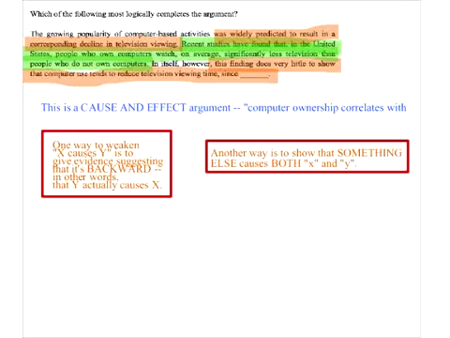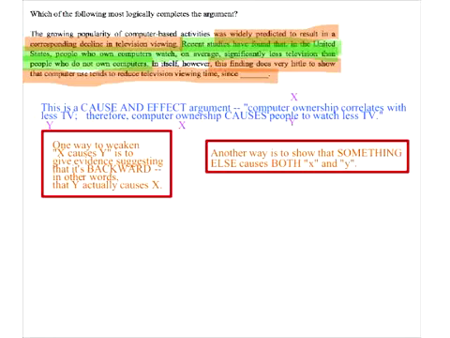Therefore, computer ownership causes people to watch less TV. That's what the argument is saying. So this is another case where they are trying to argue that X correlates with Y, and therefore X causes Y. So there are two ways in which you can weaken this.